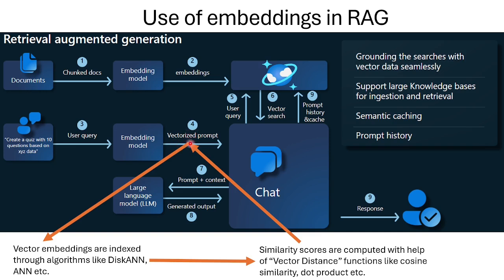So now what I'll do with the vectors that I've got for the user query is compare the vectors for this user query with the vectors that I have stored in the Azure Cosmos DB for the data that is contained in documents, by performing algorithms such as cosine similarity or dot product, which we're going to have a look at once we do the demos.